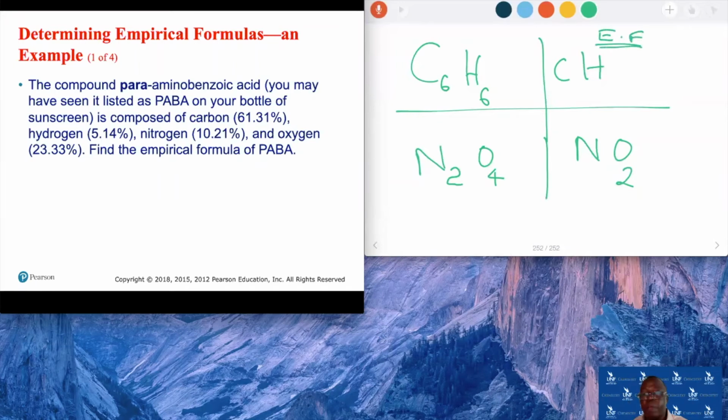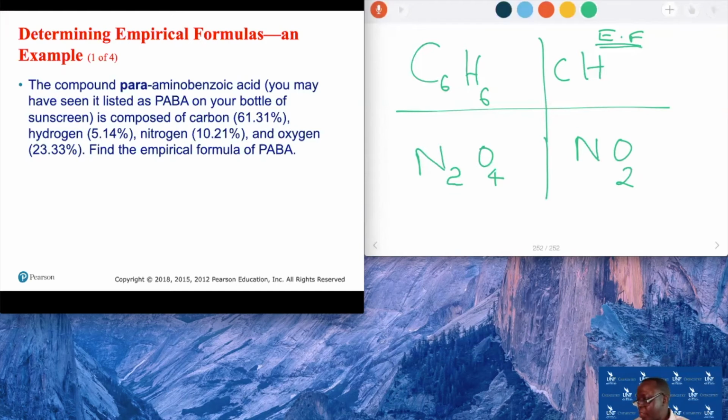We looked at this before, just simplifying, but we can calculate the empirical formula using the masses of elements in a compound, or the percent composition of a compound.